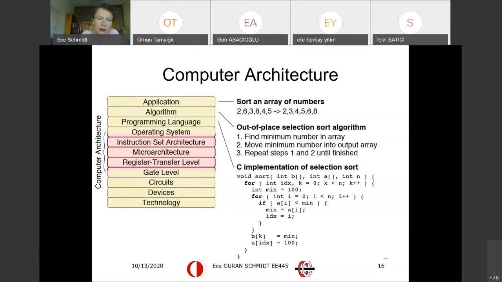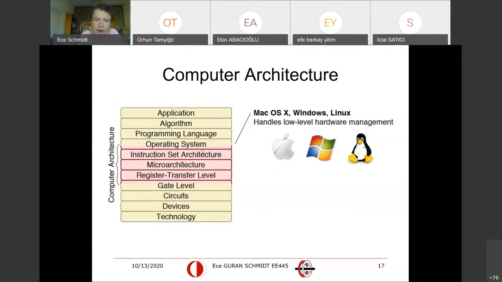So we are now at this layer. The computer architecture part that we are going to discuss in this course is this red part: instruction set architecture, microarchitecture, register transfer level, and so on.